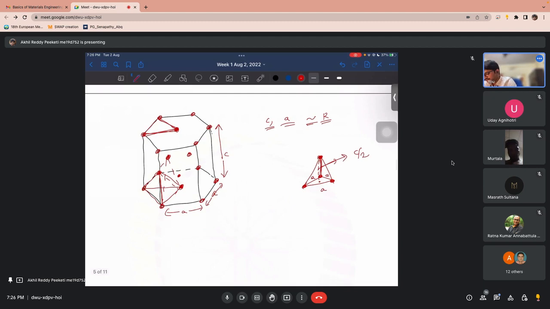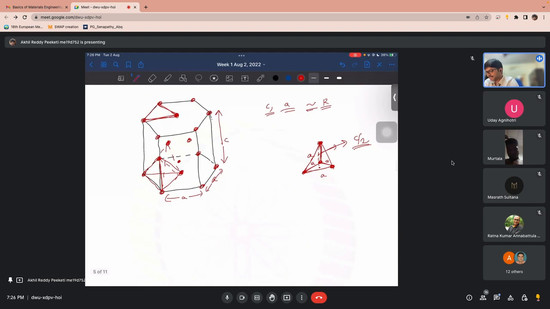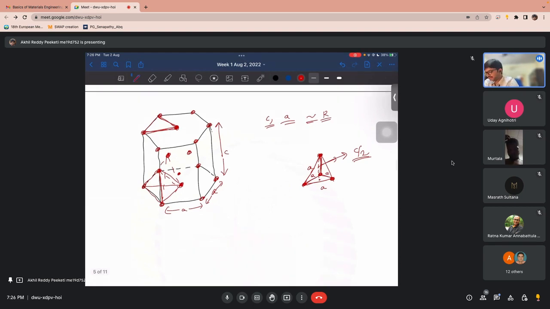In that, the height of that structure should be C by 2, and the edges will be A. So using this relation, we can see the relationship between A and C. Because there are two atoms on each edge, A should be 2R.